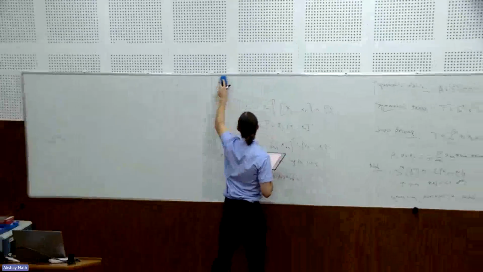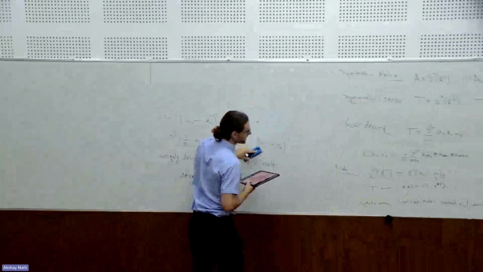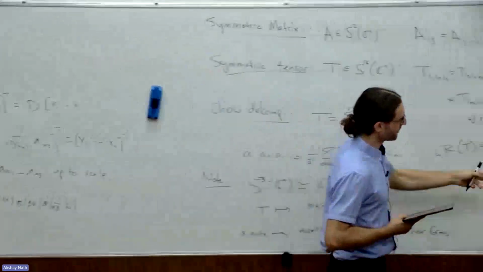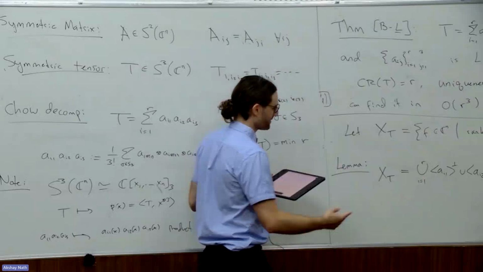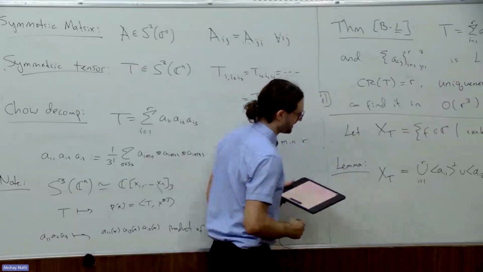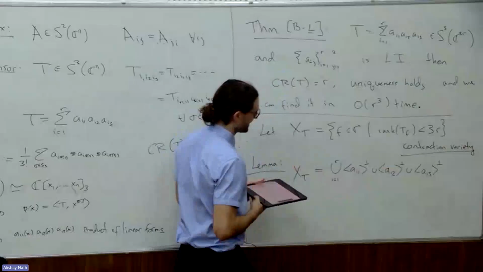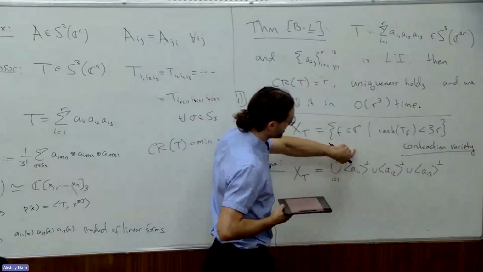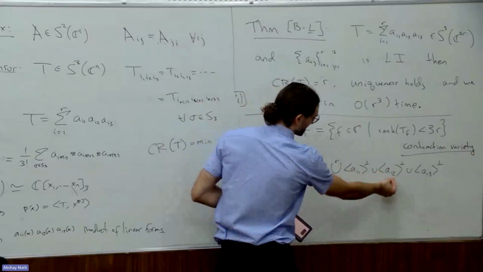You can sort of believe me that once we prove this, we're well on our way to getting a decomposition algorithm. Because we have the structure, and we run a similar thing as before, where you solve this generalized eigenvalue problem and get all these eigenvalues corresponding to these different things.